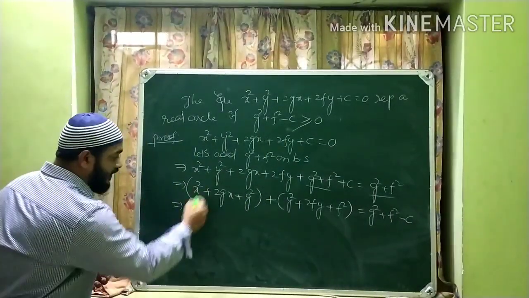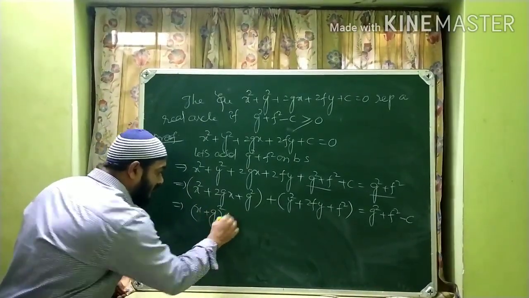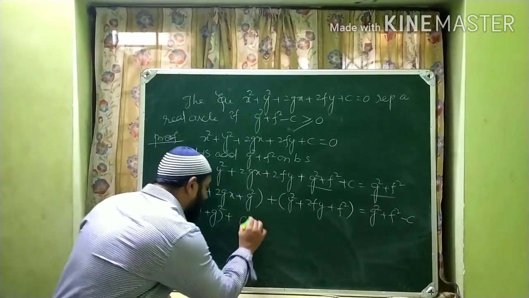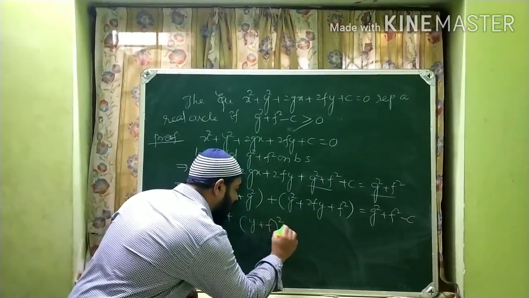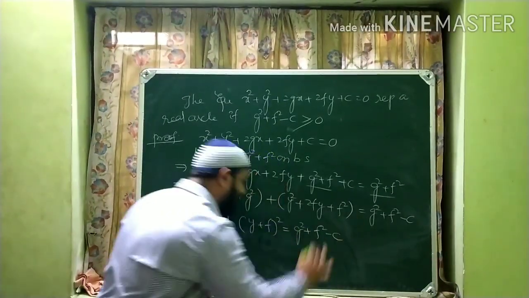So, this can be written as x plus g whole square, using a square plus 2ab plus b square, and y plus f whole square is equal to g square plus f square minus c.